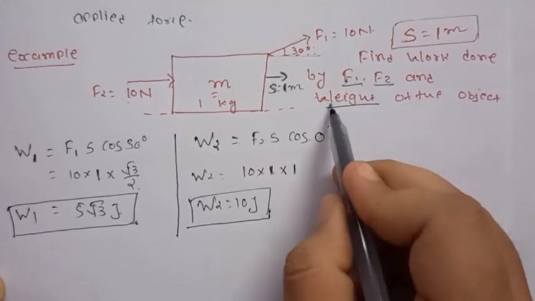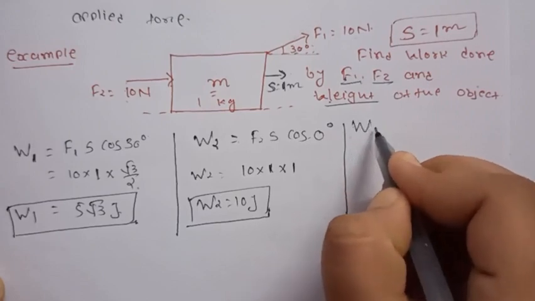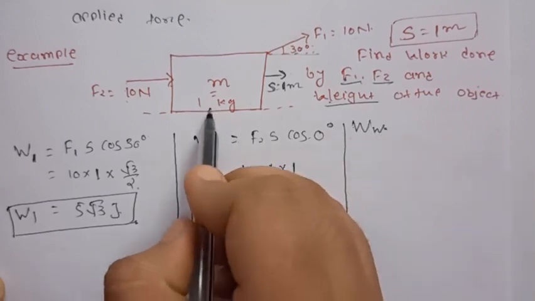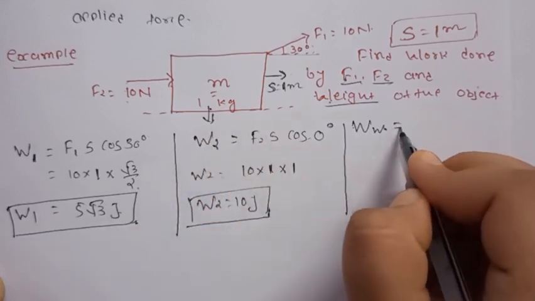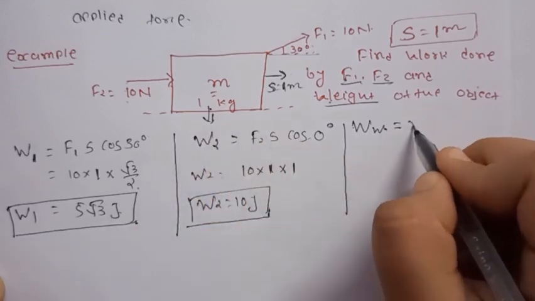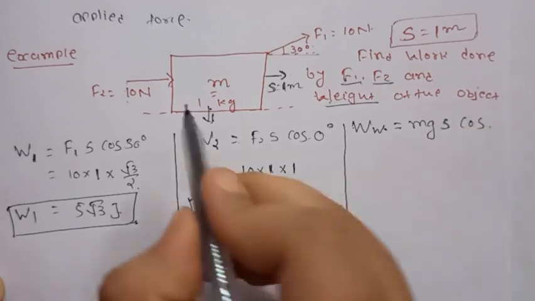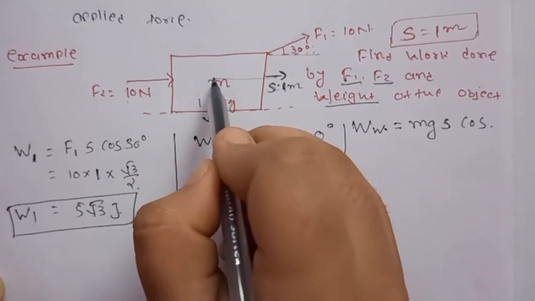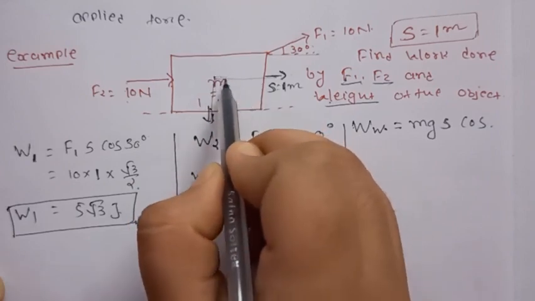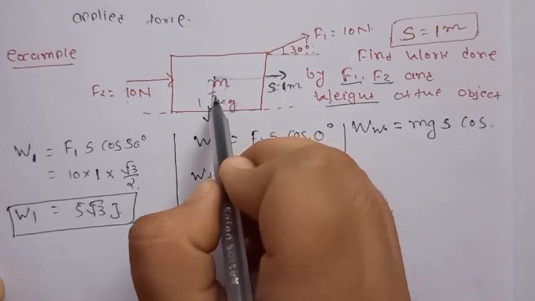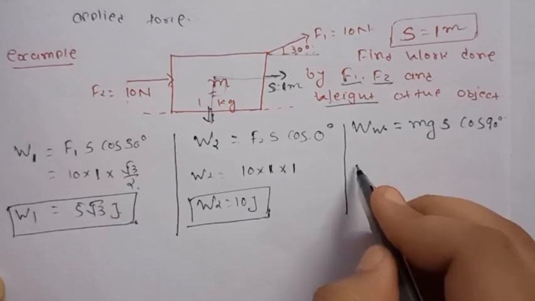Now we want to find the work done by weight or work done by gravity. The gravitational force acts in the downward direction, so the force mg into displacement s into cos theta. Here this is the displacement and this is the gravitational force or weight. We can see this displacement and weight are perpendicular to each other, so the angle between them is 90 degree.